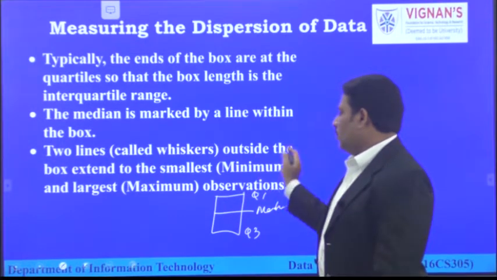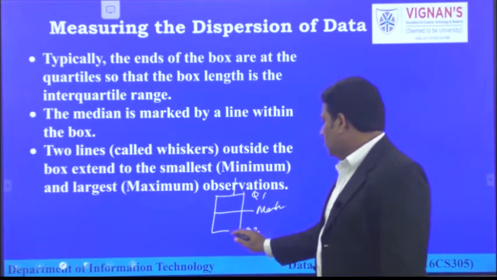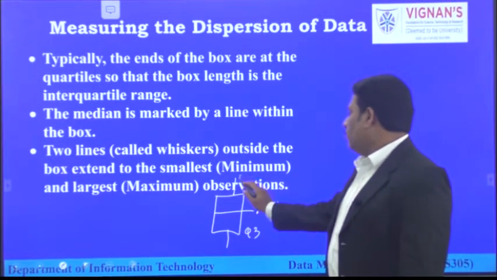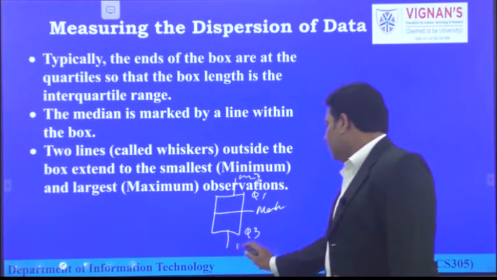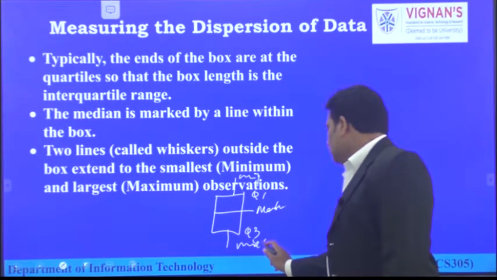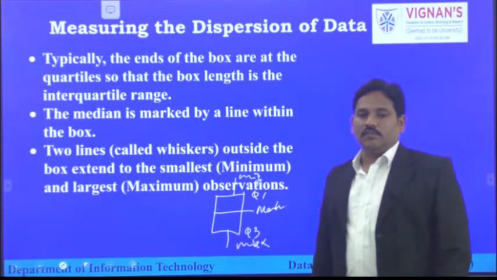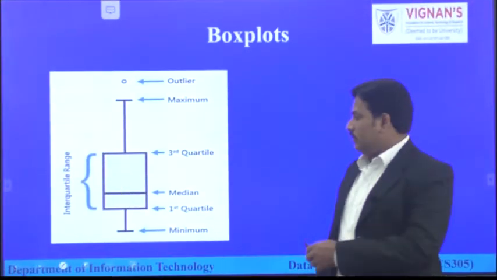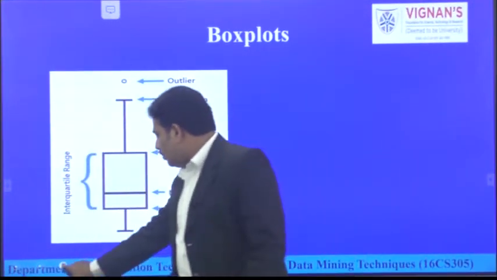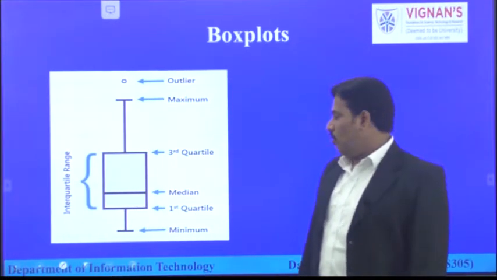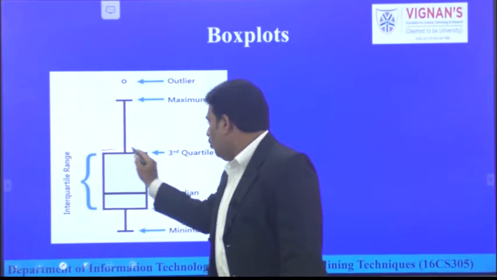Two lines called whiskers are drawn outside the box. One indicates the minimum and the second represents the maximum, that is the smallest and largest observations. We will see this with an example. In a box plot, we draw a box.